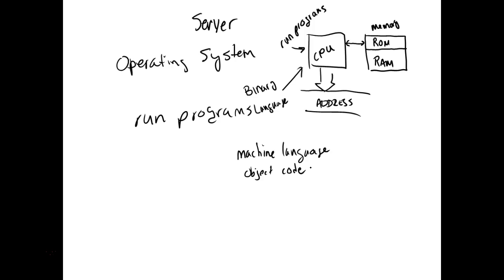So we have all these binary combinations that we refer to as operational codes. Most people call these opcodes for short. So these are binaries.